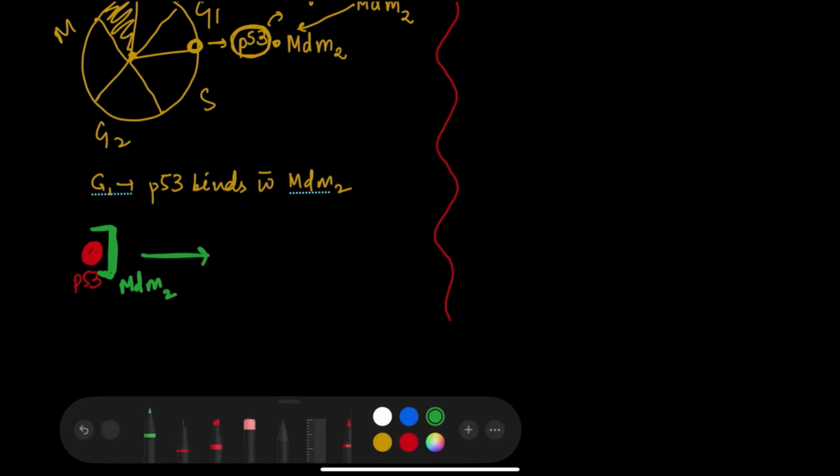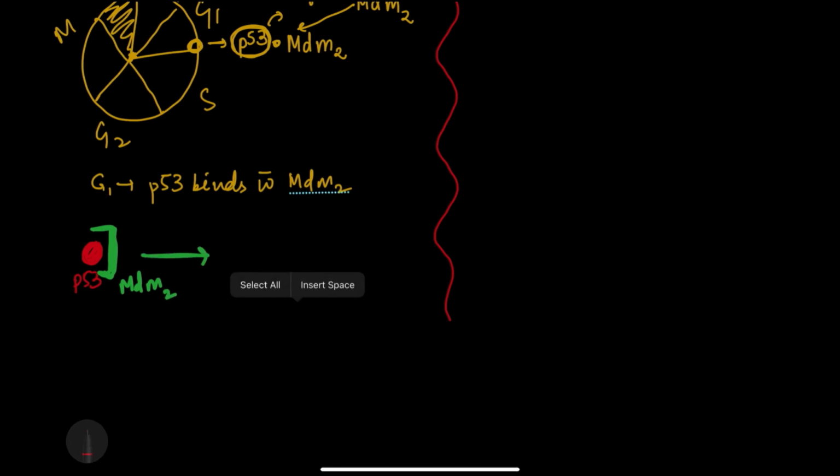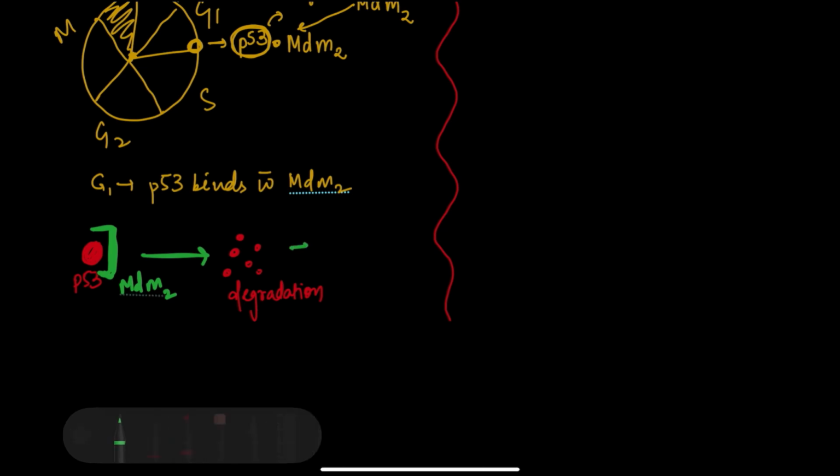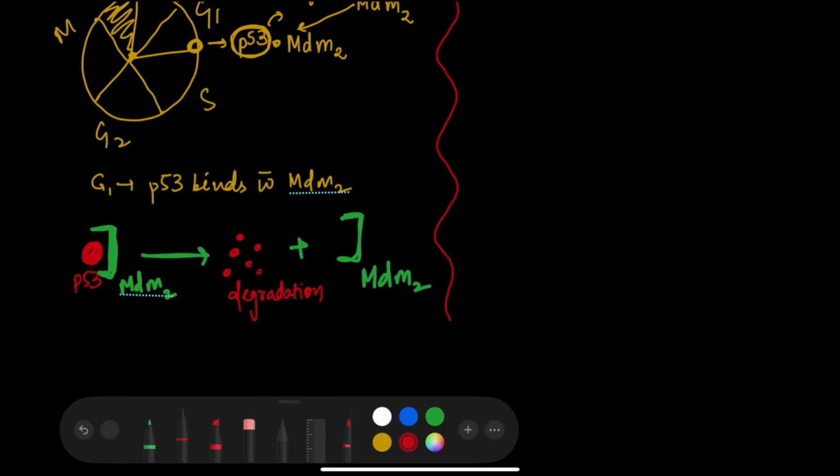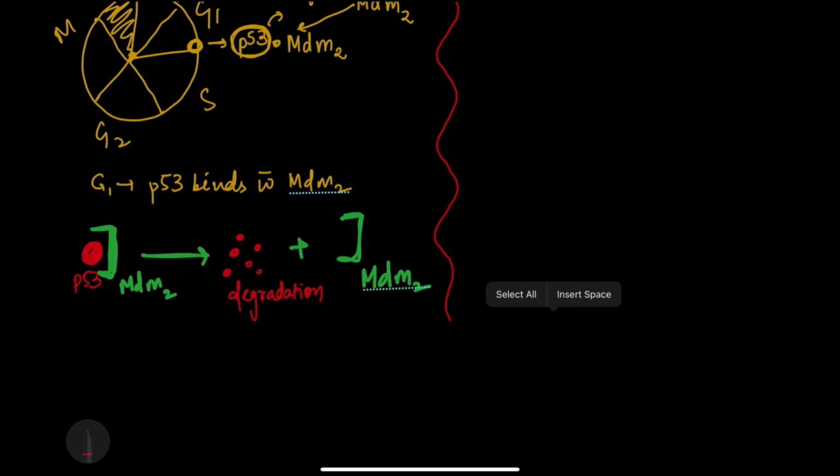When it happens, as p53 is a protein, it gets degraded, right? And MDM2 is left out sideways, so it gets free. This is a concept which will later tell us how it helps in apoptosis, right?